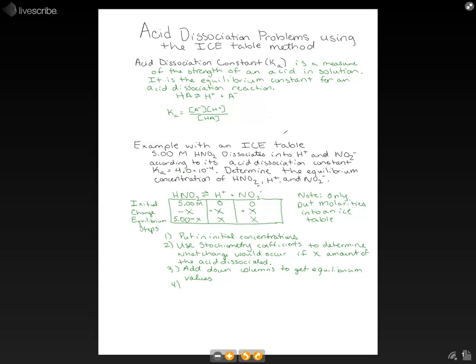So our fourth step is we're going to substitute our equilibrium values into our equilibrium equation.